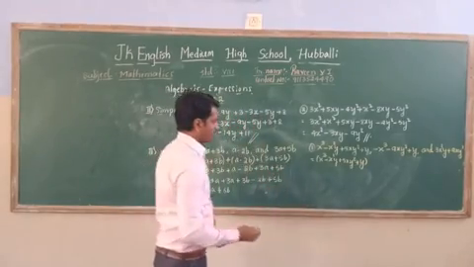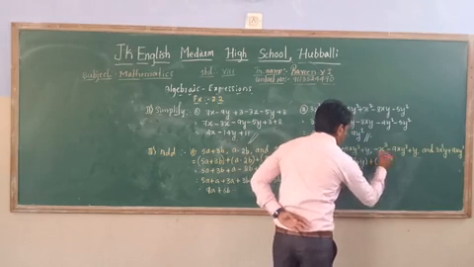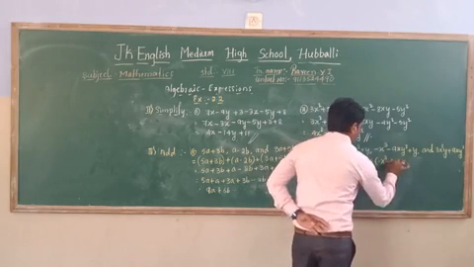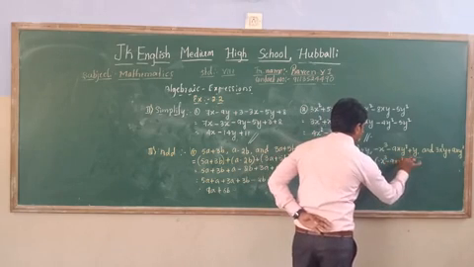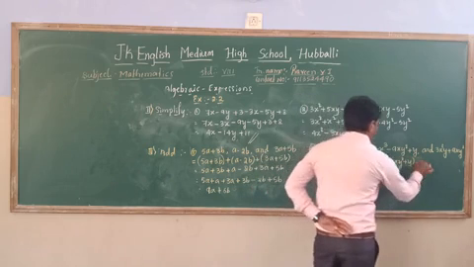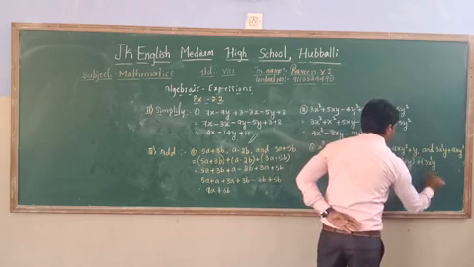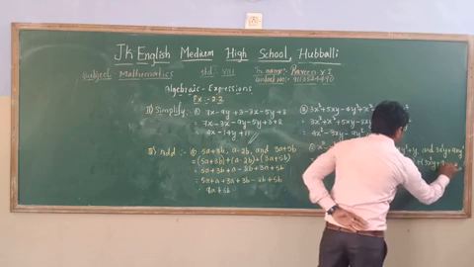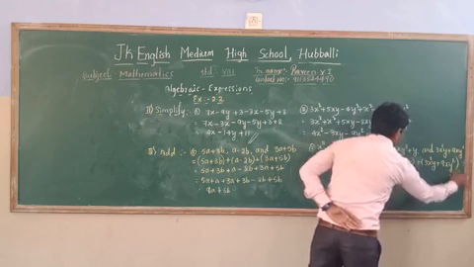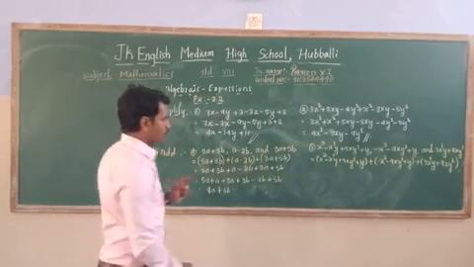This is the first side. What should we put? Plus sign. So inside the bracket minus x cube minus 9x y square plus y, and finally plus 3x square y plus 9x y square. Clear?